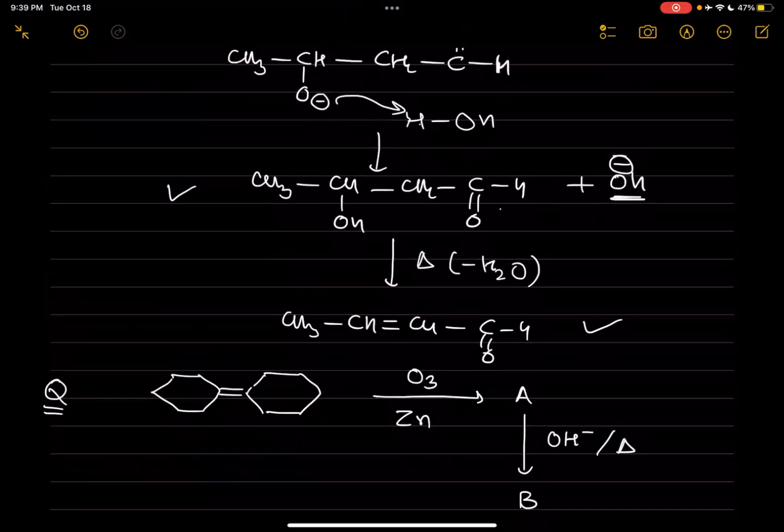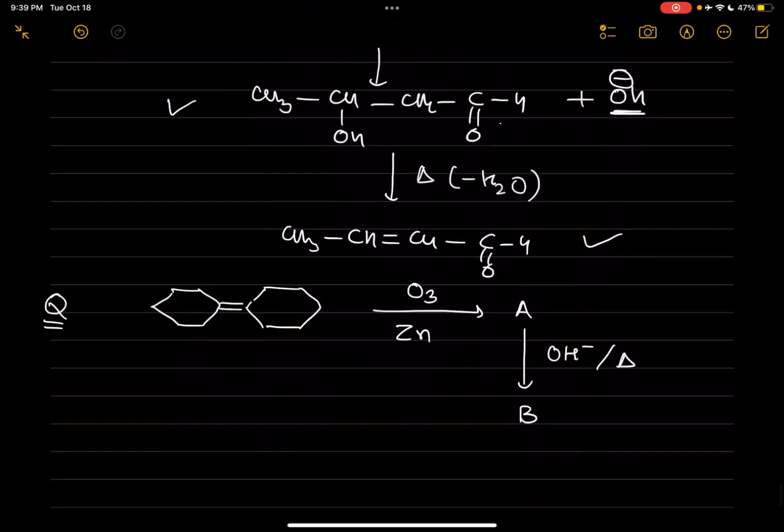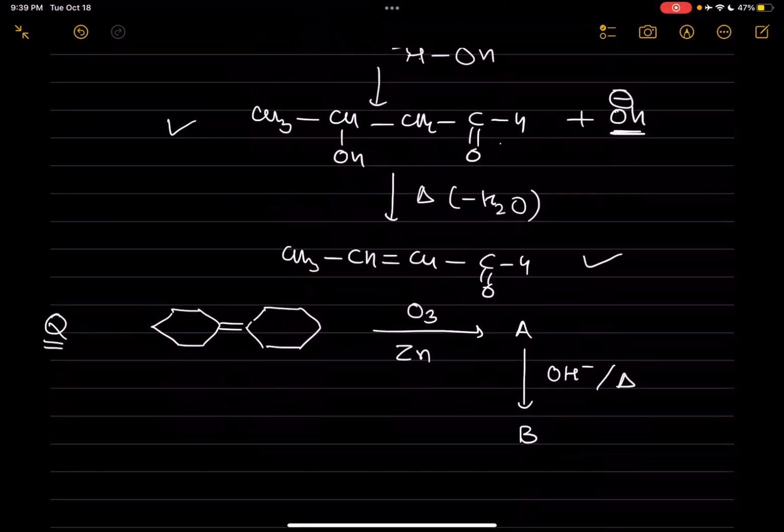That's why you are going to get the double bond as the final product.